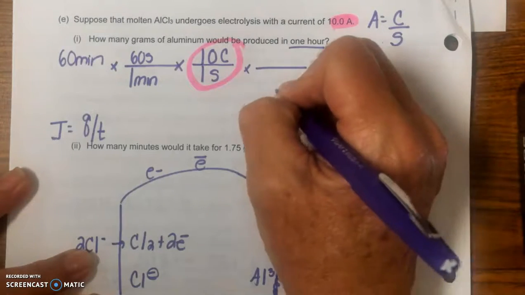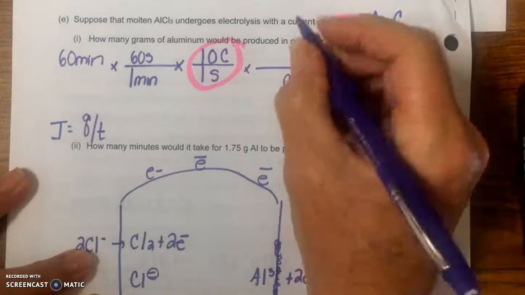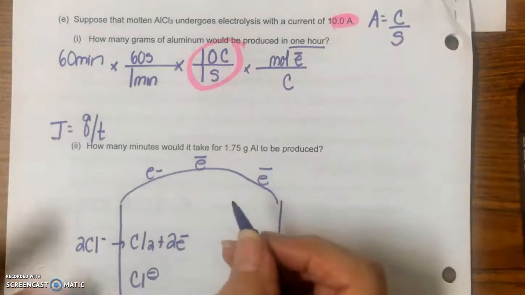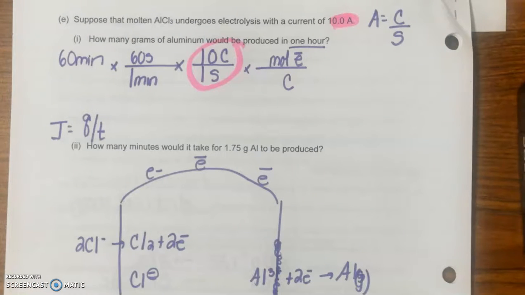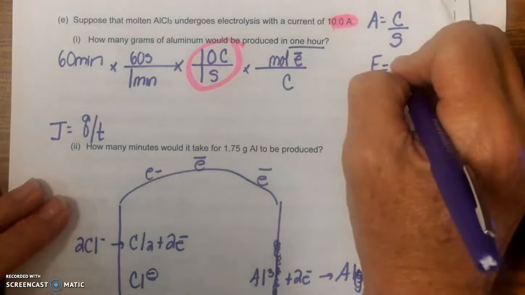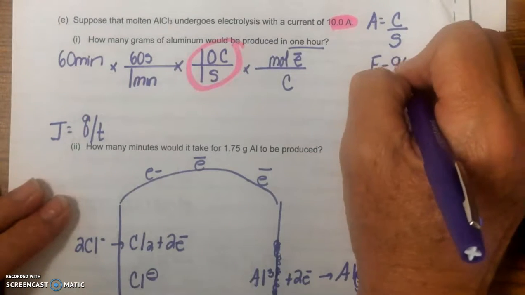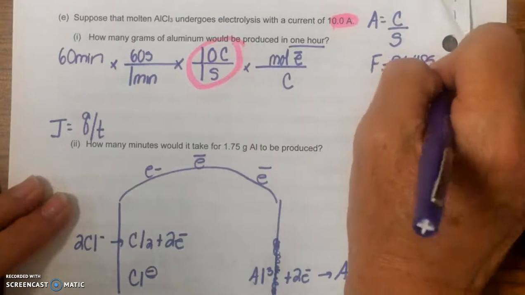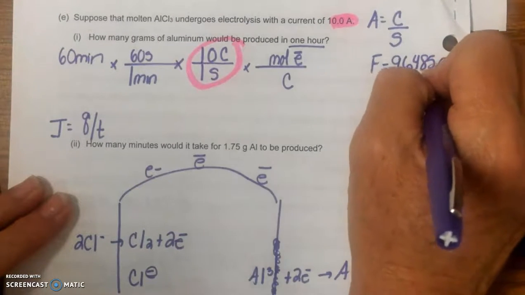So what I'm going to do is drop coulombs and go to moles of electrons. Now, what was that again? That is going to be F. F is 96,485 coulombs per mole.